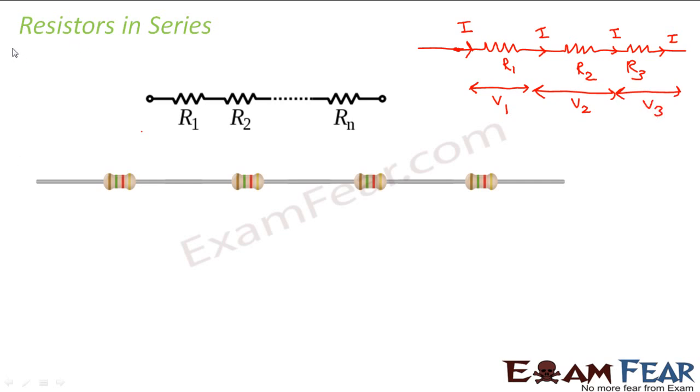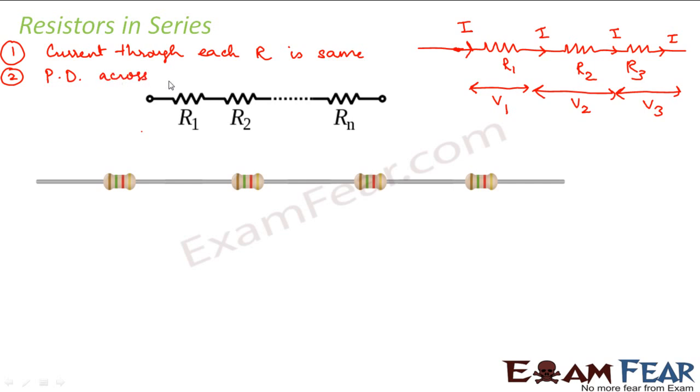So in a series combination, one point to remember is that current through each resistor is same. That is one thing to be noted. And the second thing is potential difference across each resistor is different, right?